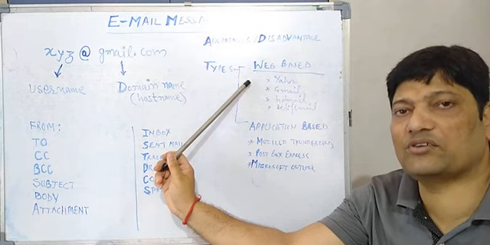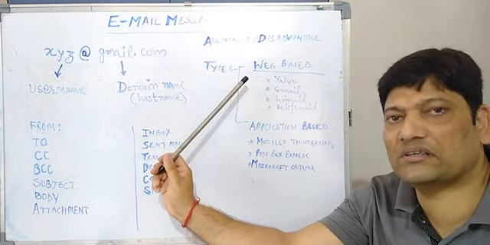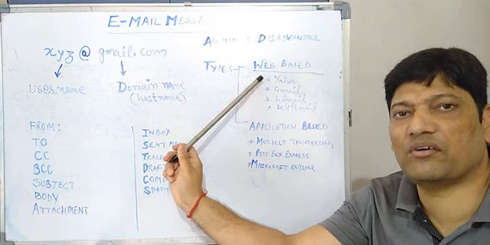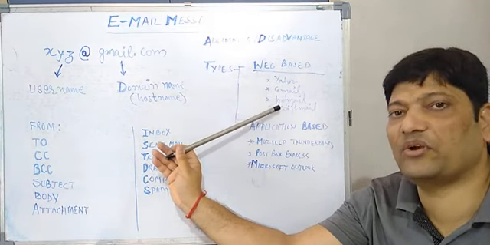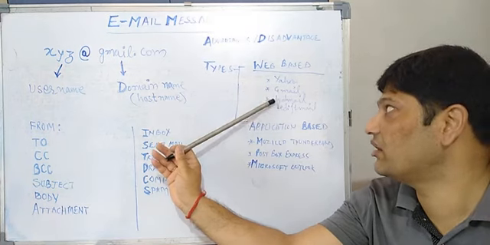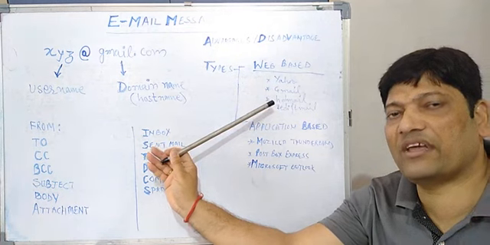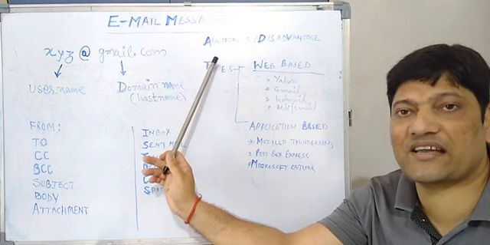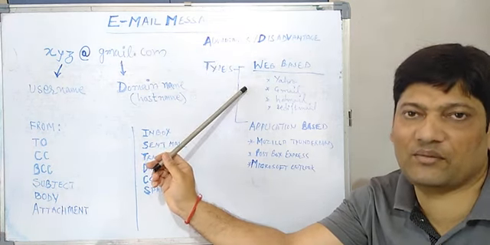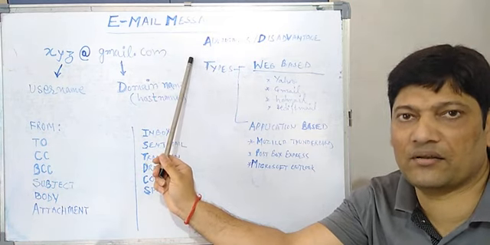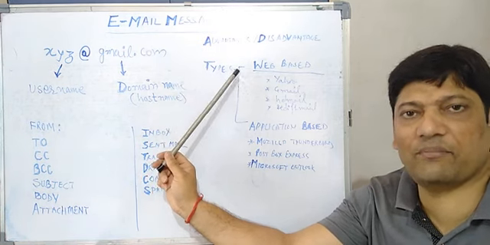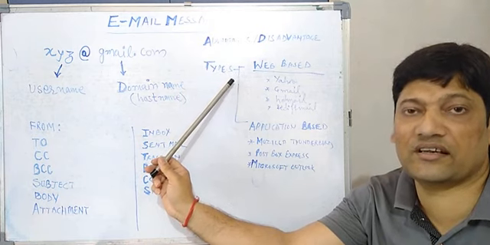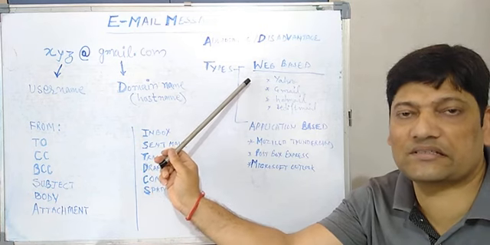Here what you have to do is just open the web browser, switch on the internet connection, and from the web browser write these domain names like Yahoo, Gmail, Hotmail and Rediff. Wherever you have the account, just open the very first page, enter your email address and the password associated with it, and open your email account. Then you can send the mail. So in case of a web-based email service, you must have an internet connection. If you do not have the internet connection, then you cannot access your web-based email.